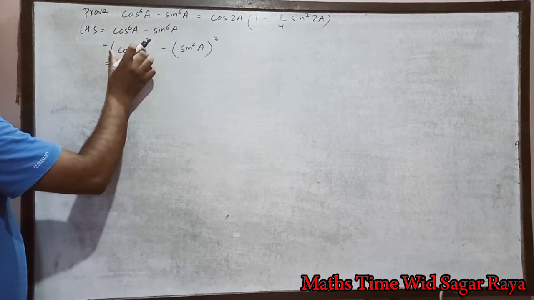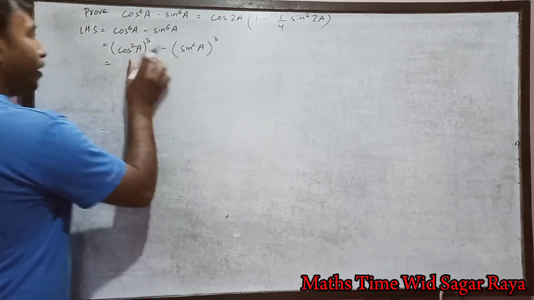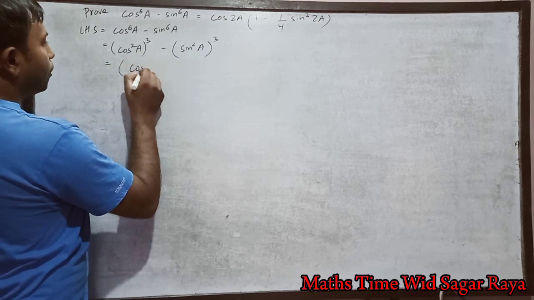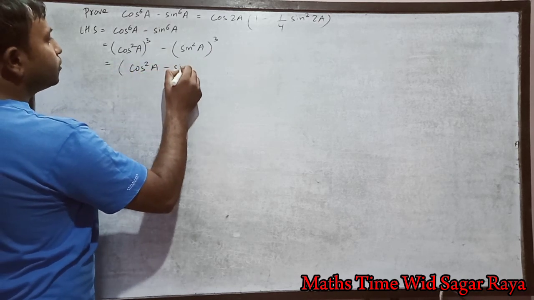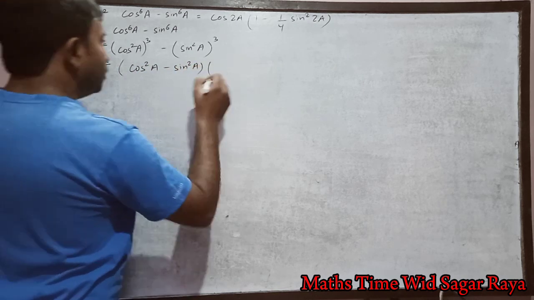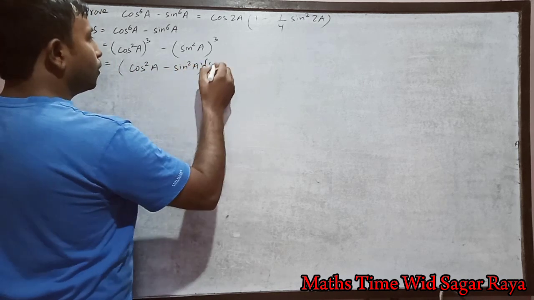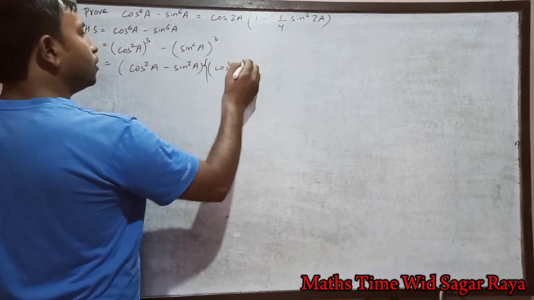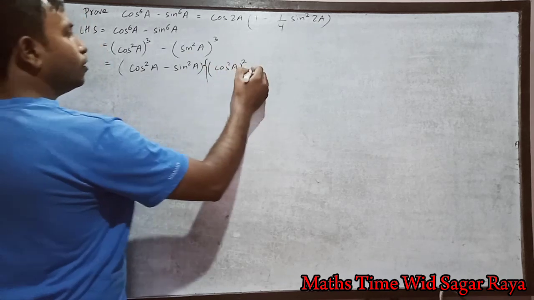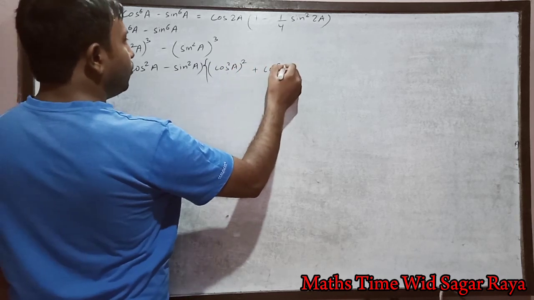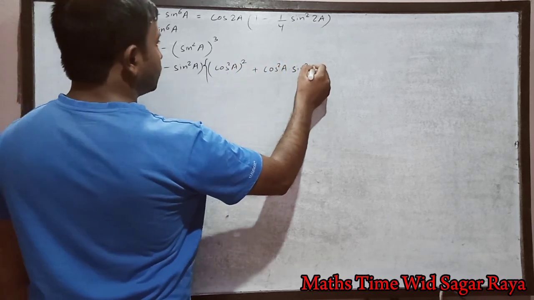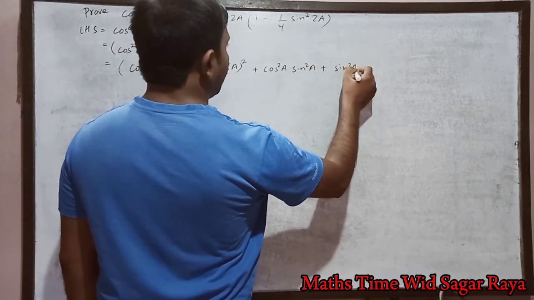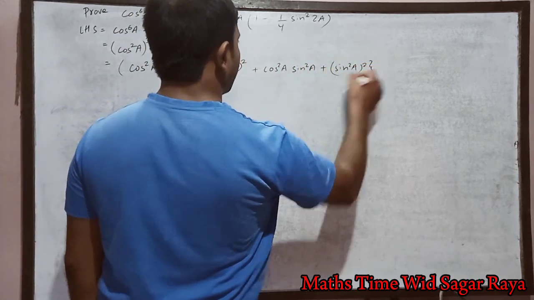Now what is the formula for a³ − b³? a³ − b³ = (a − b)(a² + ab + b²), that is, (cos²A)² + cos²A·sin²A + (sin²A)².